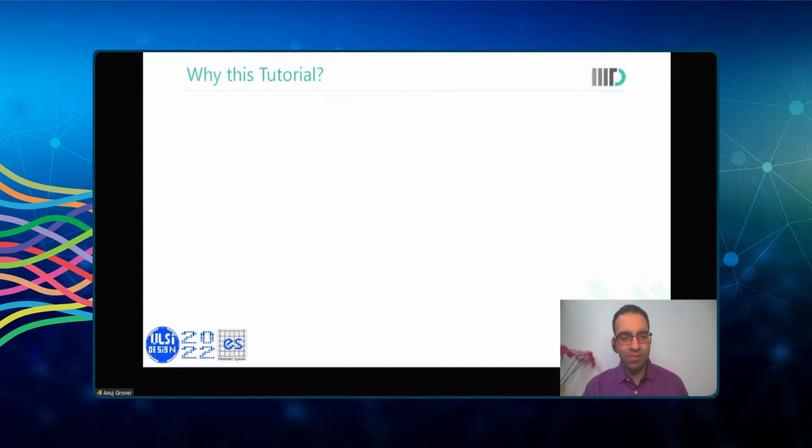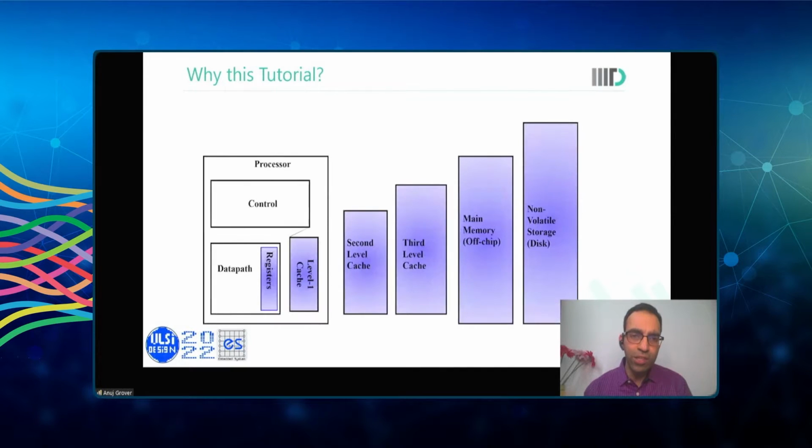Before we start, let us look at why this tutorial in the first place. Why are we even talking about embedded memories and the challenges or opportunities that exist there? Many of you may have seen that across the hierarchy of the compute systems that we use, processors, there is a wide range of memories that exist.